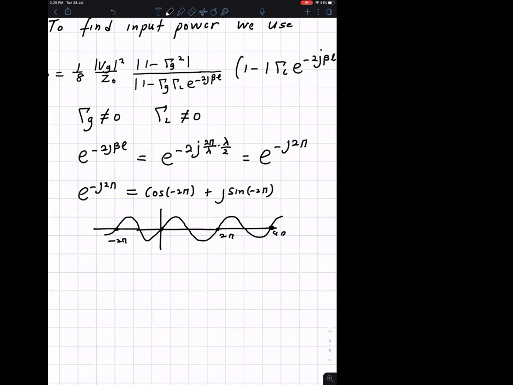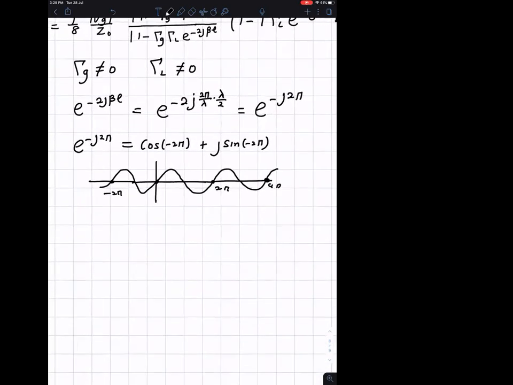So this is 0. What about cosine 2 pi? We draw the cosine wave, and at multiples of 2 pi, cosine is 1.